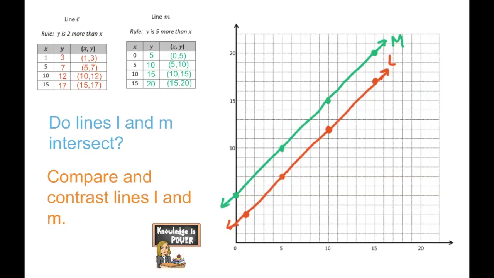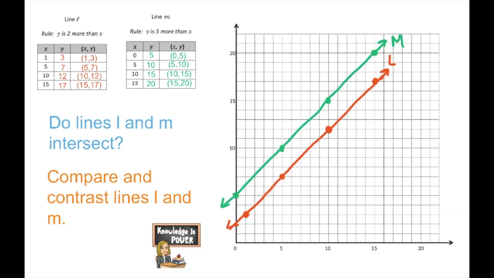Fantastic thinking. Some similarities that I heard between lines L and M was that since they are parallel, they look to be going at the same angle. Also, it looks to be like a copy of the same line. However, a contrast was that M was further up than line L. That is an interesting thought.